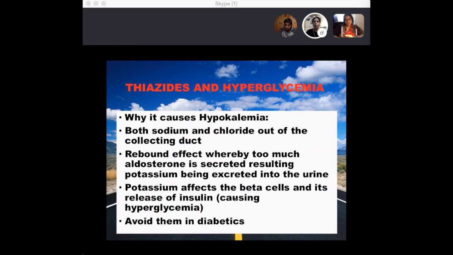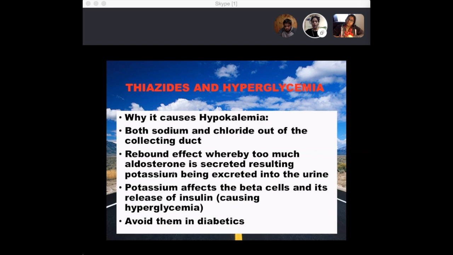Okay, so why are thiazides detrimental to patients who are diabetic? The idea is that thiazides push sodium and chloride out at the collecting duct. The rebound effect is that too much aldosterone is secreted to make up for what's being lost.